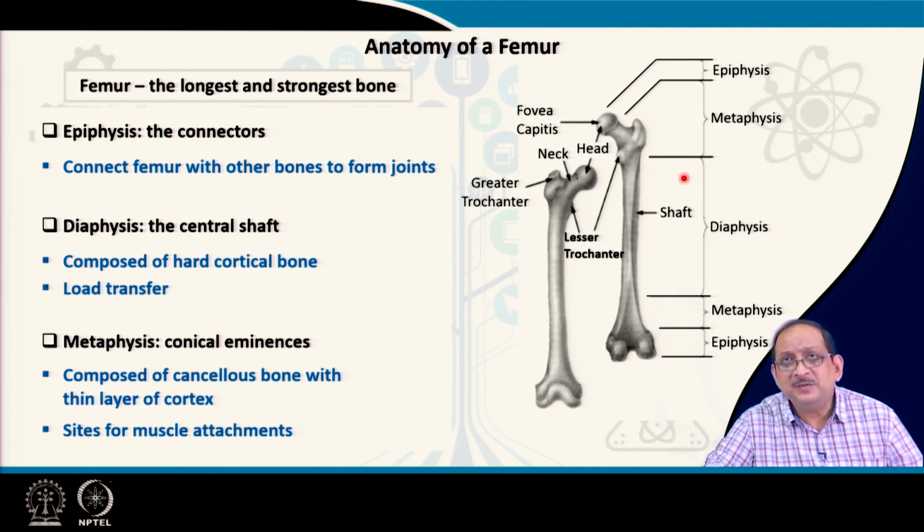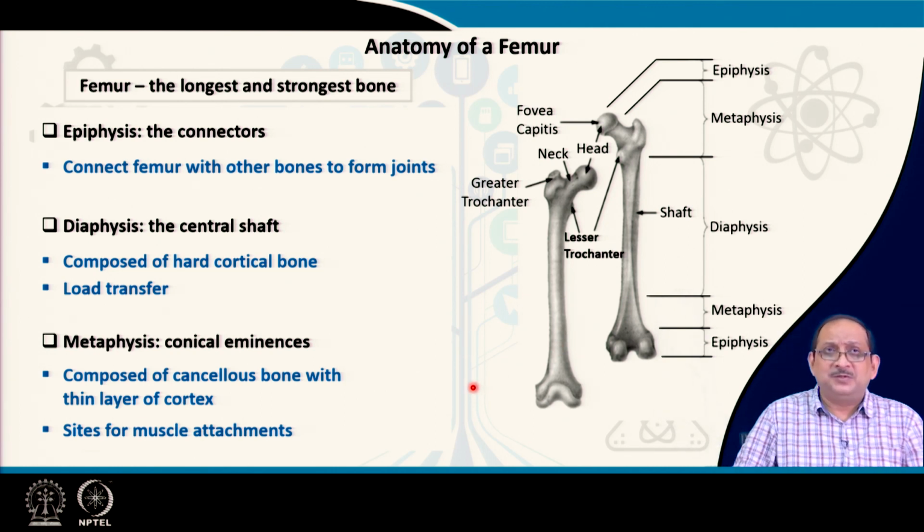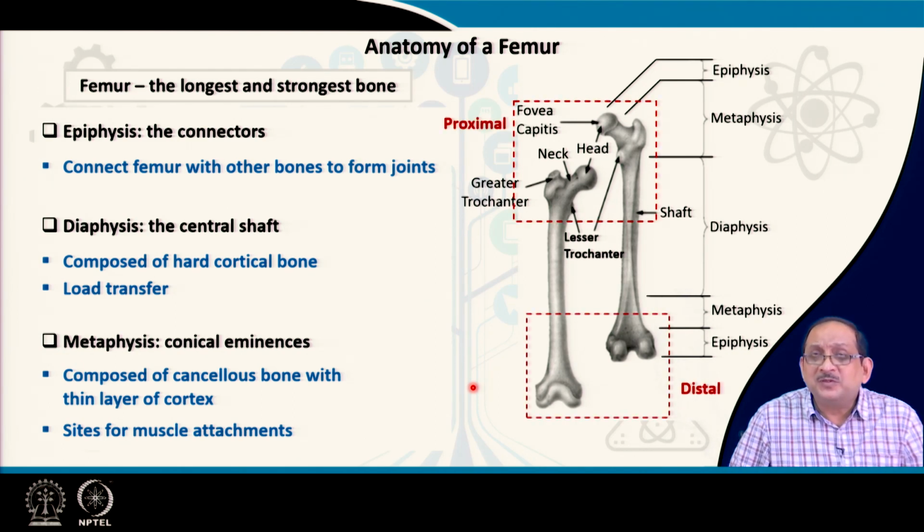So, the metaphysis regions towards the proximal end and the distal end of the femur are attachment sites for muscles. The proximal end of the femur is shown clearly now in the slide, and the distal end of the femur is also shown in the slide.